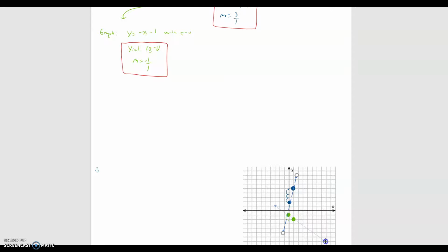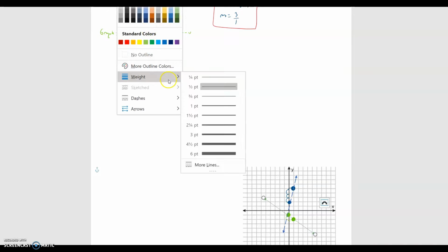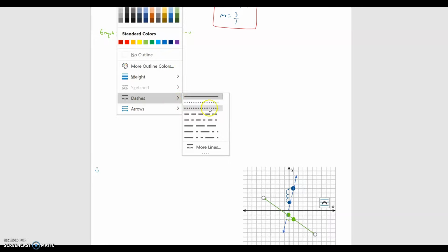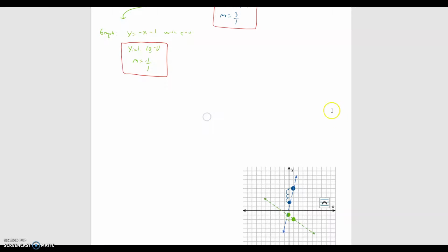And our second line is going through these points. Let me try to make it green. And it's also dotted.